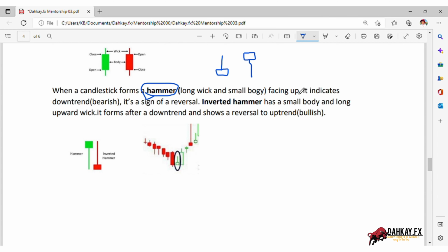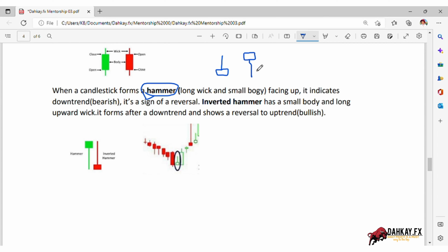So this indicates a downtrend if you see any hammer on the upwards movement.